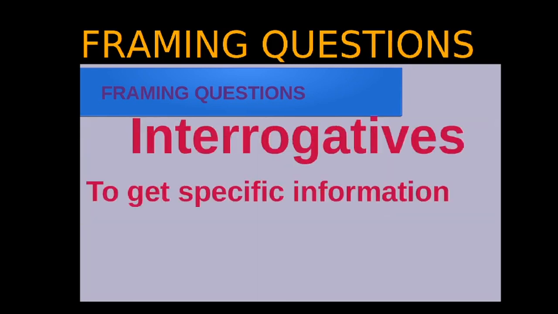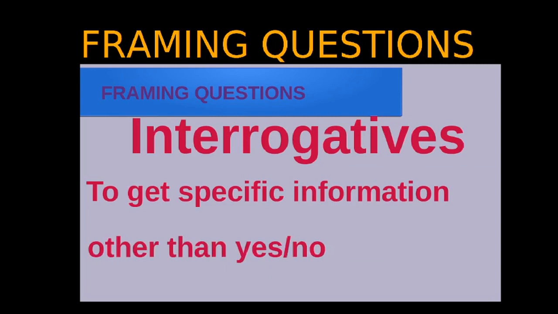So interrogatives are used to get specific information other than yes or no. So if you want to get an answer which is not yes or no, you have to use interrogatives.